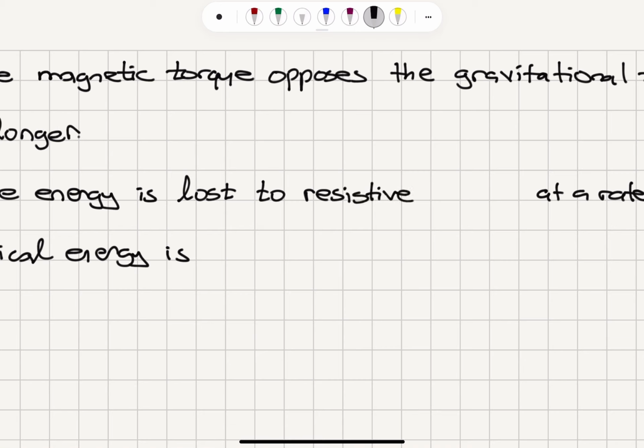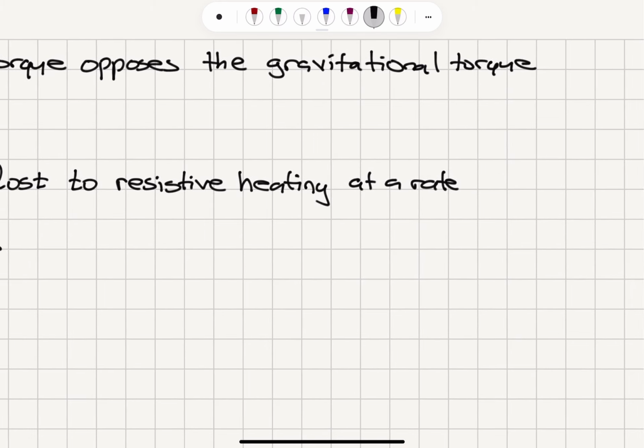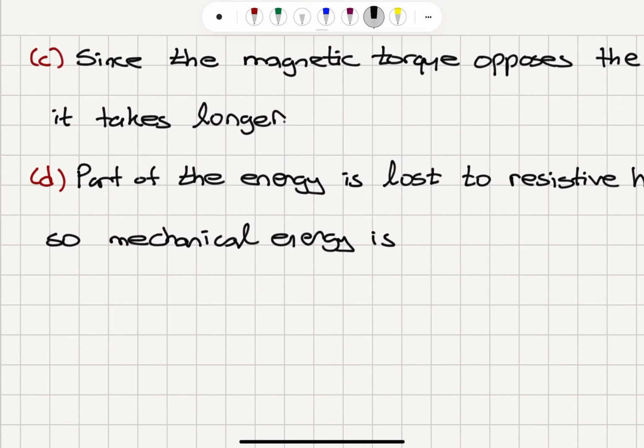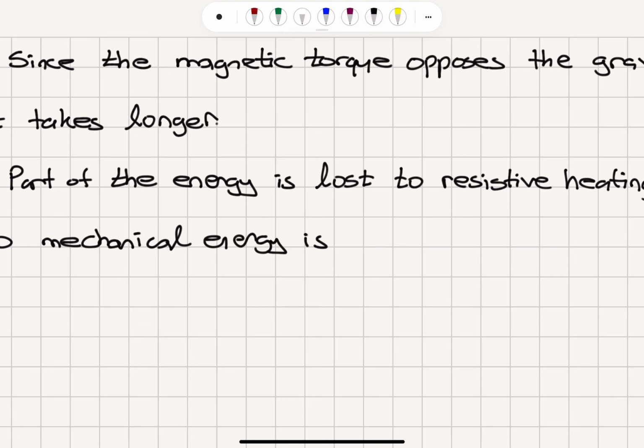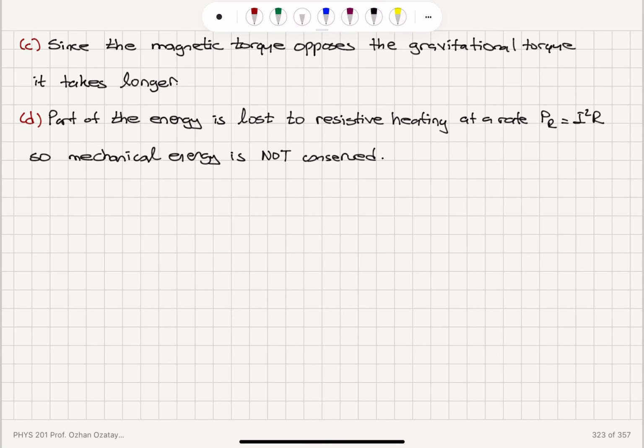Resistive heating at a rate P_R equal to I squared R. So mechanical energy is not conserved because part of the energy is lost to thermal energy. It's basically converted to thermal energy, so it is lost irreversibly.